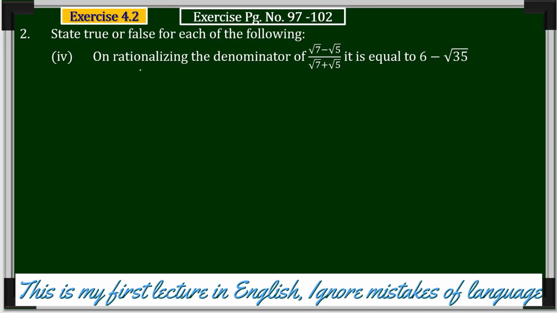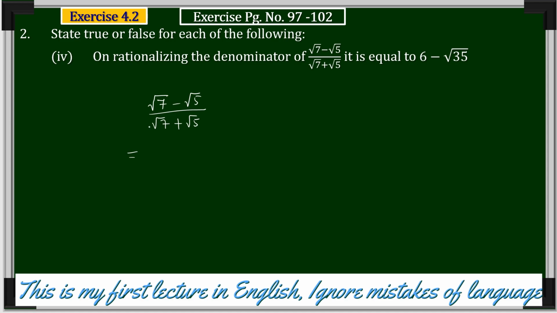The fourth statement is on rationalizing the denominator of square root 7 minus square root 5 upon square root 7 plus square root 5. It is equal to 6 minus square root 35. So let's check. You are given square root 7 minus square root 5 upon square root 7 plus square root 5.